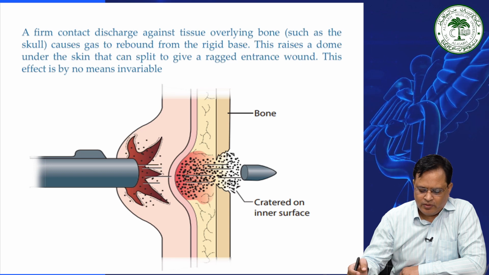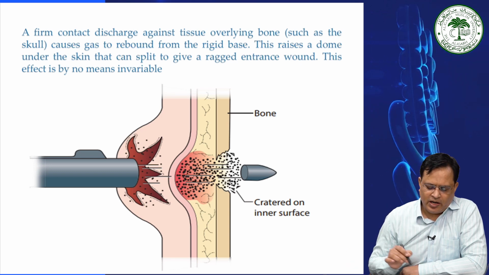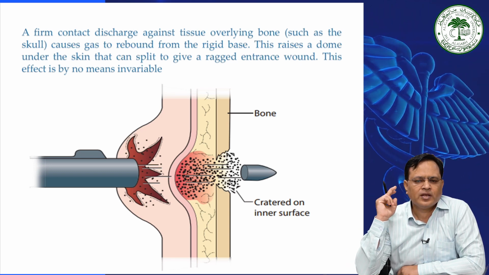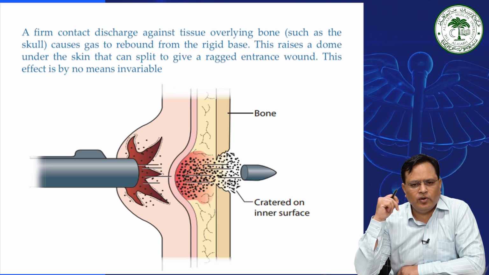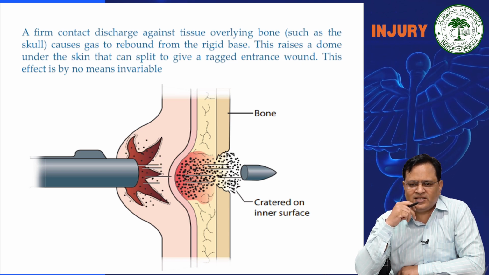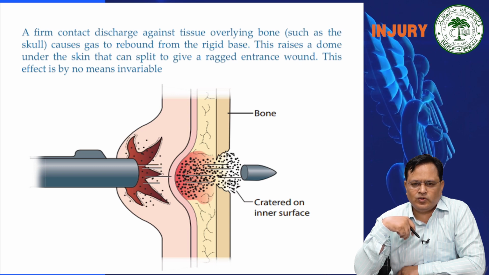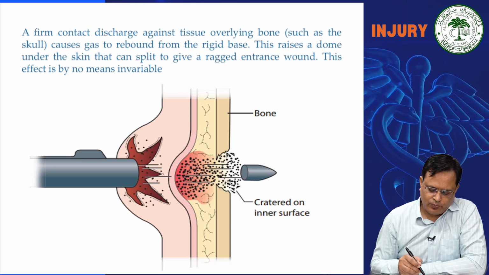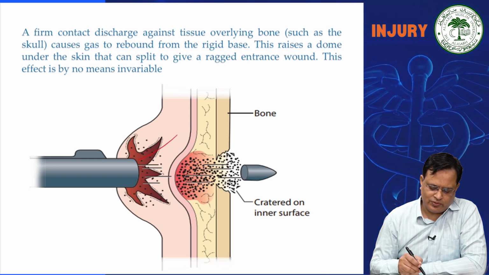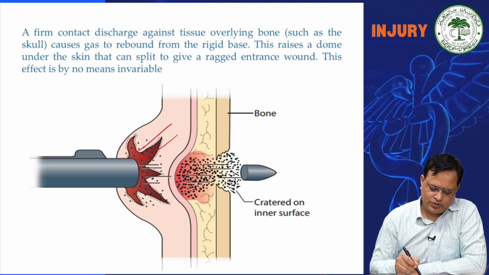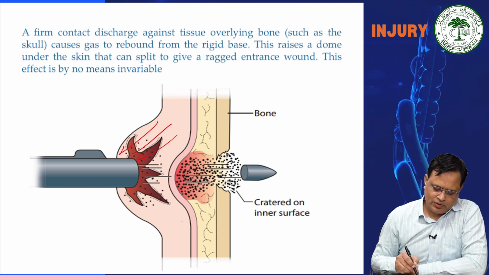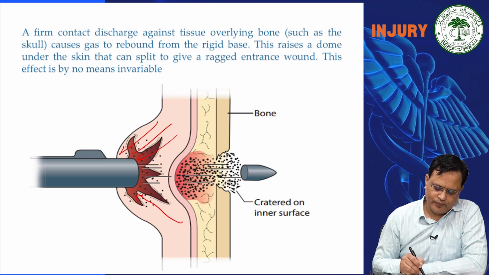If a bullet is fired in contact with the tissue overlying bone such as the skull, the fire contact discharge causes gas to rebound. The gas is pushed inside the tissue and it rebounds and makes a dome.